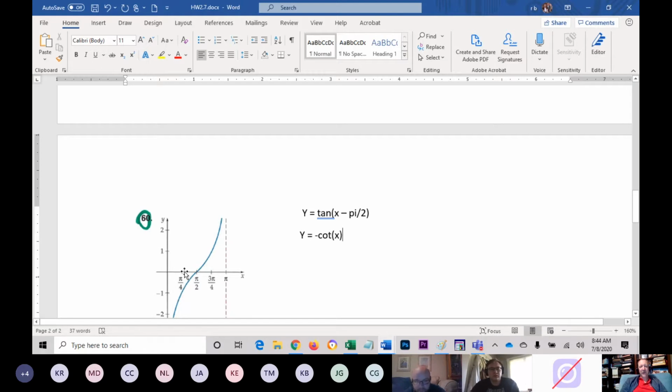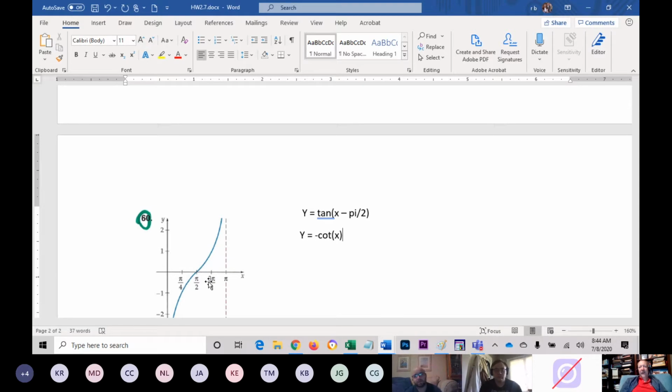But if we shift it to the right, so the negative pi halves, that works perfectly. But the cotangent is already shifted, and so if we stick a negative in front of it, it looks like the tangent function because of the reciprocals. So either of those answers will work. Okay, cool, thanks.